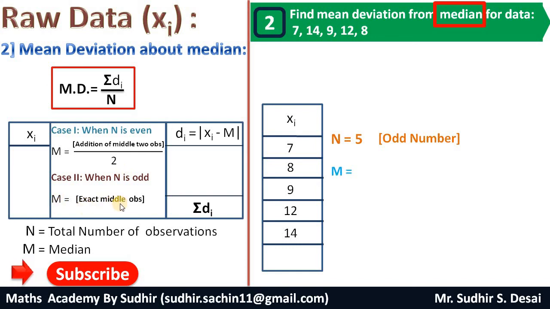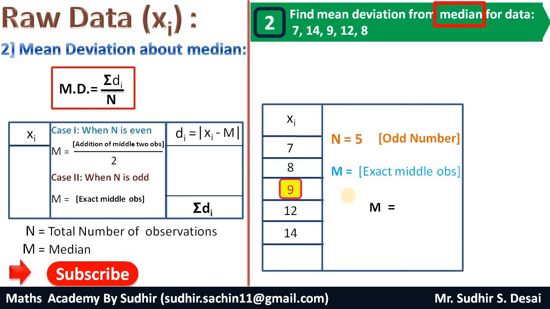It is nothing but exactly the middle observation. So can you guess what is the middle observation? So here 7, 8, 9, 12, 14. So the middle observation is 9. So M is equal to 9. So this is the required median of this given data. So look here how simple it is.